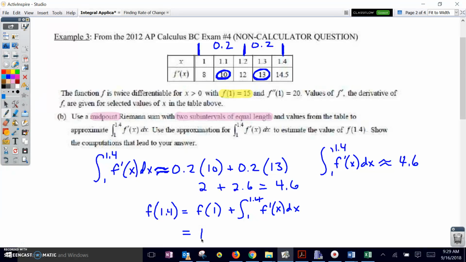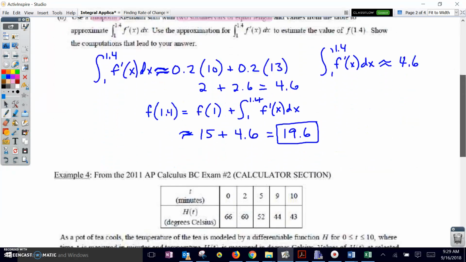So this is going to be 15 plus the value that we got using the Riemann sum. And so we're going to say that this is 19.6, our approximation for the value of f of 1.4.